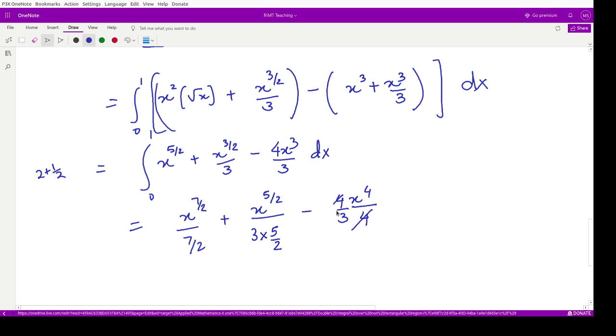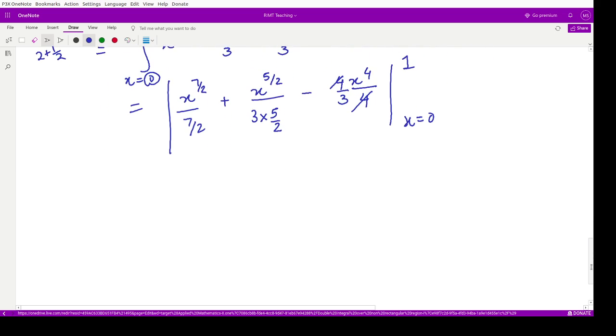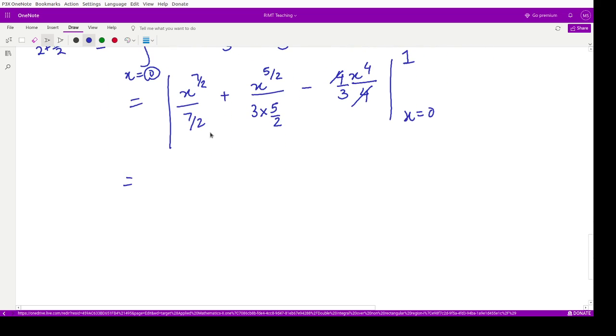So this 4 and 4 cancels, and you have to substitute the values of x is equal to 0 to 1. So you should be very careful. What is this limit? This limit is of x. So it's better that you write the limit as x is equal to 0 and x is equal to 1. This is a good practice in general. Okay, so we just have to substitute the limits.